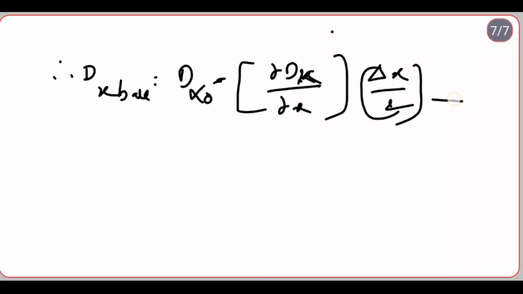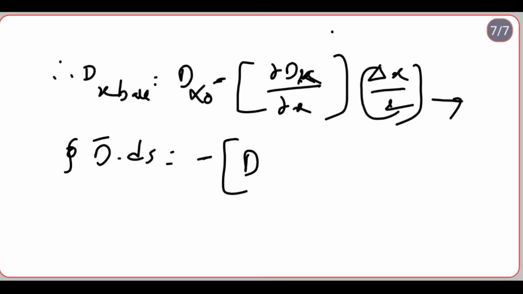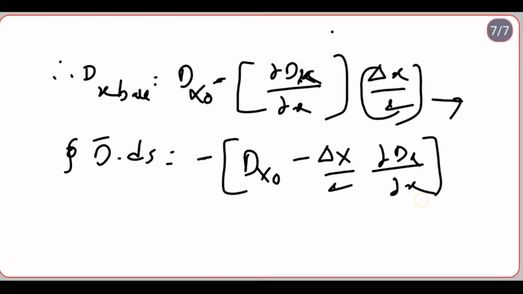Substituting this equation for the surface on the back side, d dot ds equals minus dx naught minus delta x by 2 dou dx by dou x into ds, which can be written as delta y into delta z.